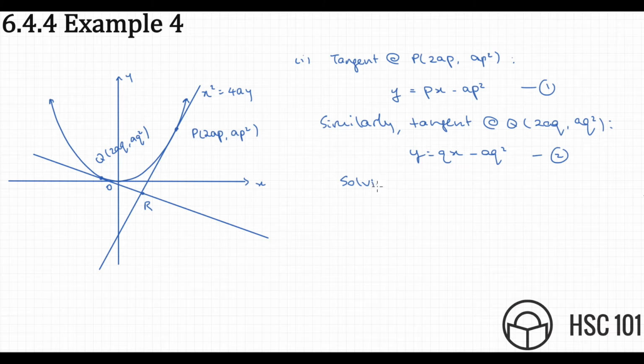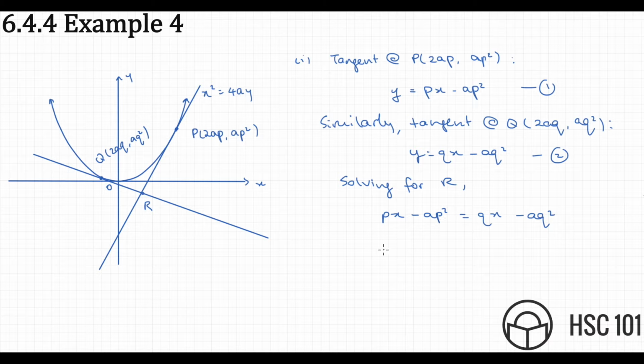So solving for R, if I equate the two, we're looking at px - ap² = qx - aq². And of course, this whole process should be very familiar to us because I've done this a number of times in previous examples already. So here what I'm going to do is obviously just rearrange, move the qx to the left.